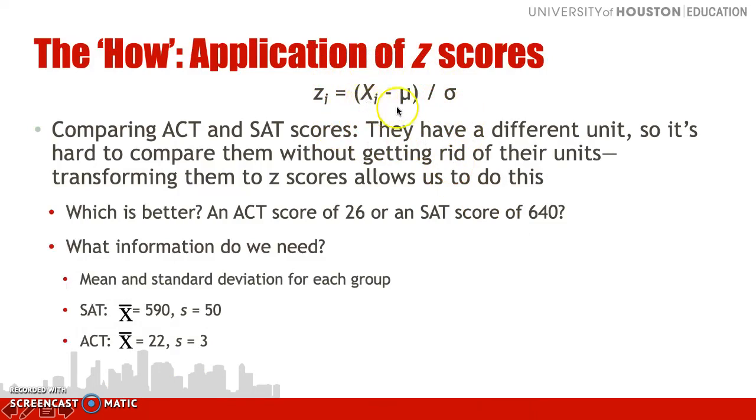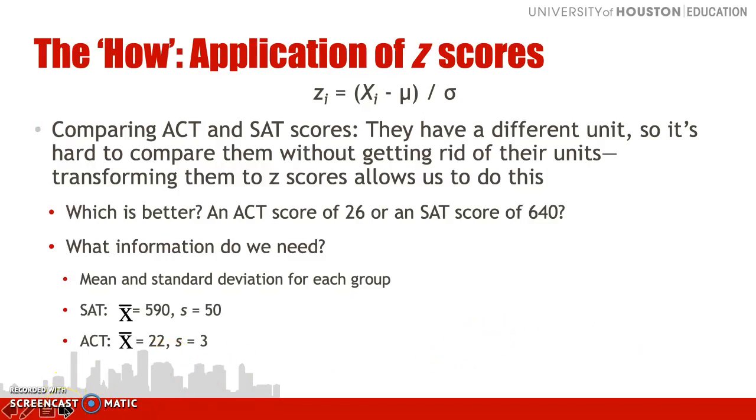We're looking at the deviation between a value in our distribution and the mean, dividing it by the standard deviation. So if we look at the question of an ACT score of 26 and an SAT score of 640, which is better? What information do we need? We need the mean and the standard deviation for each group. I have those.